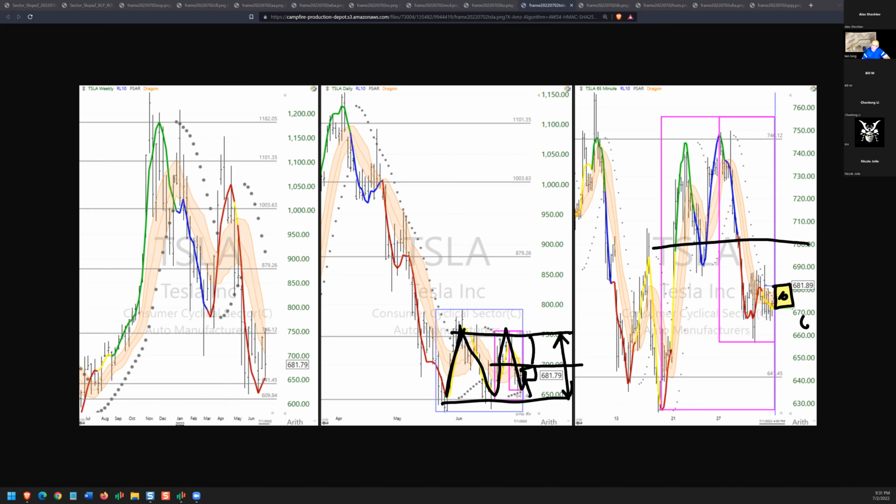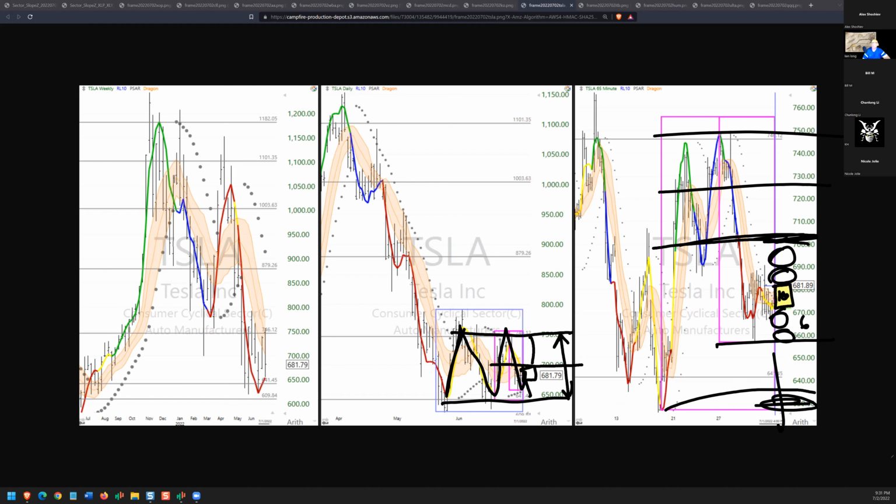Intraday, I've been using 6. So this is 10. 1, 2 to the upside, 1, 2 to the downside. And then if it can get through 700, let's say 720, then 750. It falls below 630. Look out below.